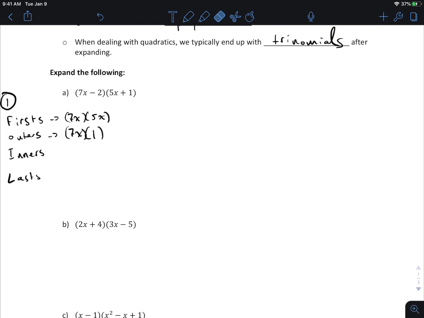Then the inners are the 2 pieces on the inside, so I'm going to take negative 2 and multiply it by 5x. And then the last one is the lasts, the pieces on the end. And so I'm going to get negative 2 multiplied by 1.